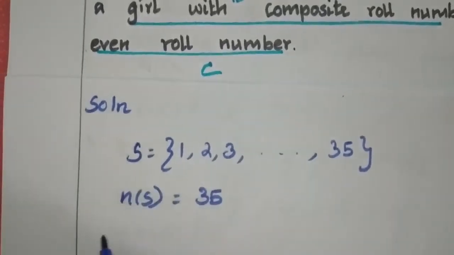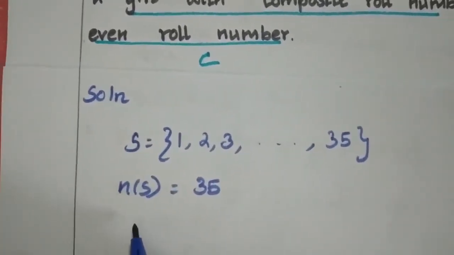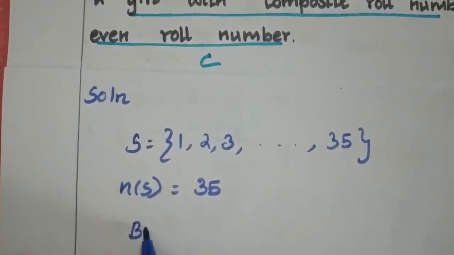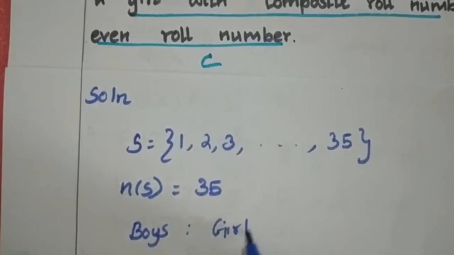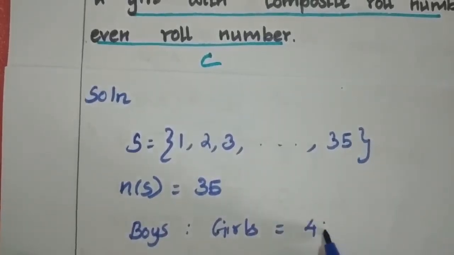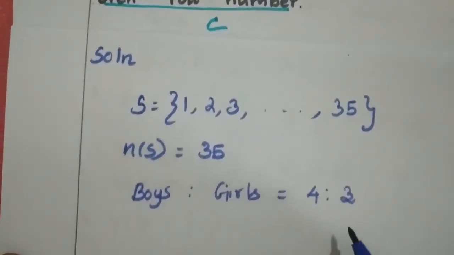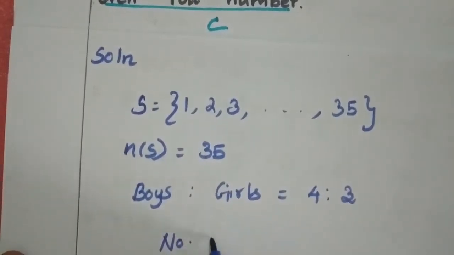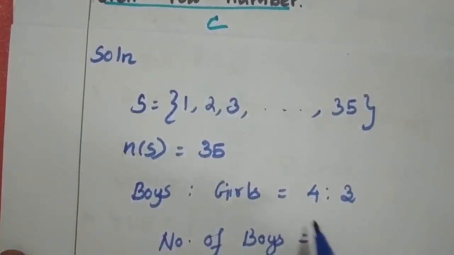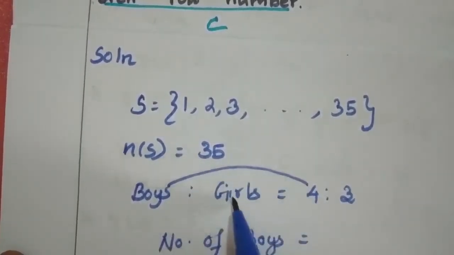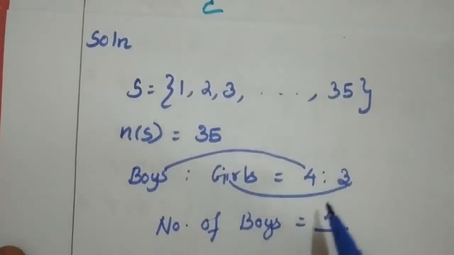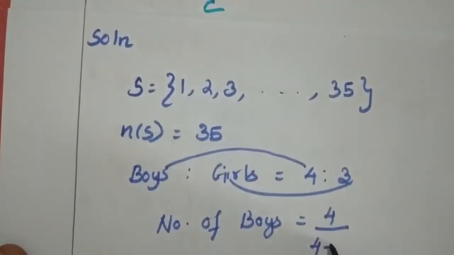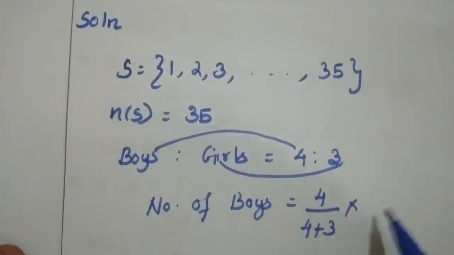So it's given in the question that the ratio of boys to girls is 4:3. Now we are going to find number of boys. That is 4 divided by sum of these two into total number of students.